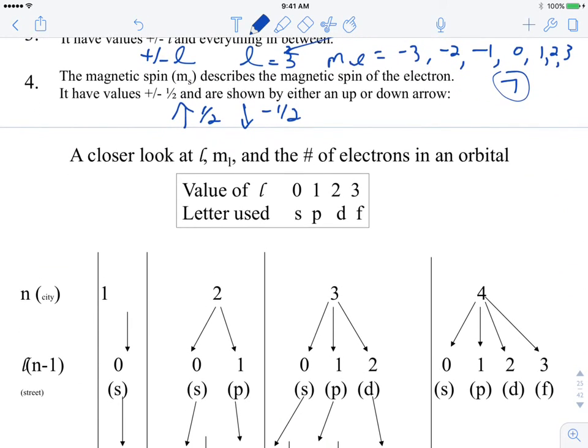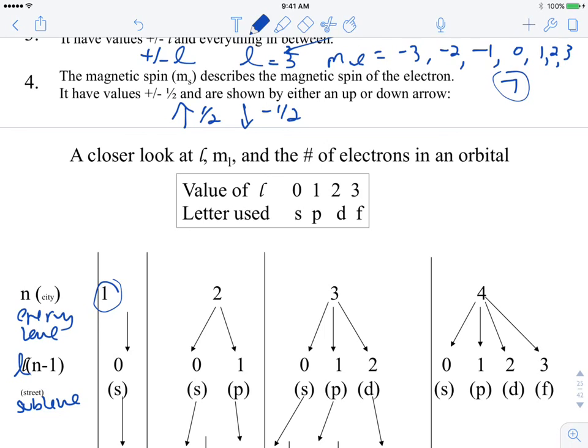Let's say that we have an energy level n equals 1. Well, within that first energy level where you can find an electron, we need to see what the sublevels are. Remember, the sublevels L are equal to n minus 1 all the way down to 0.